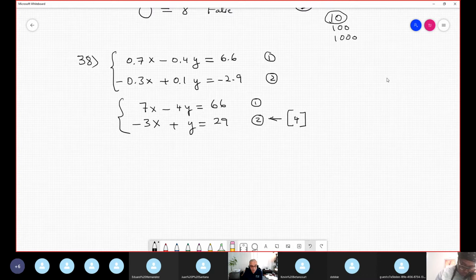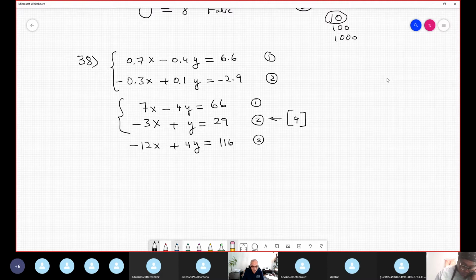You multiply by 4, so we have minus 12x plus 4y equal 29 times 4. I'm using my calculator. 29 times 4 is 116.